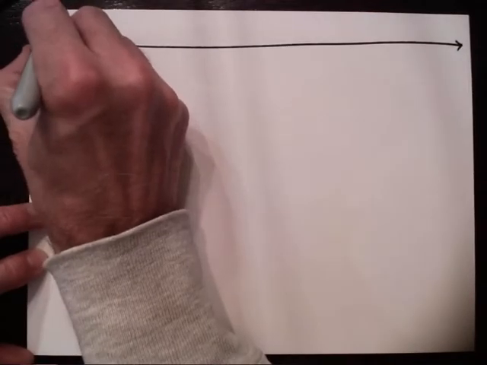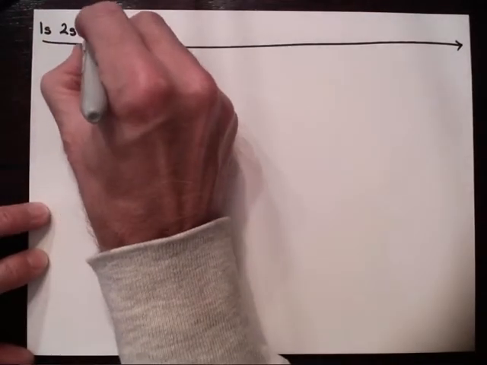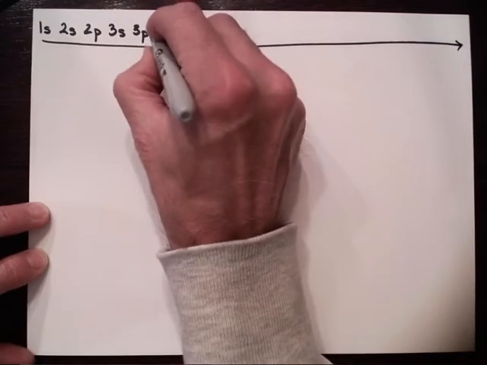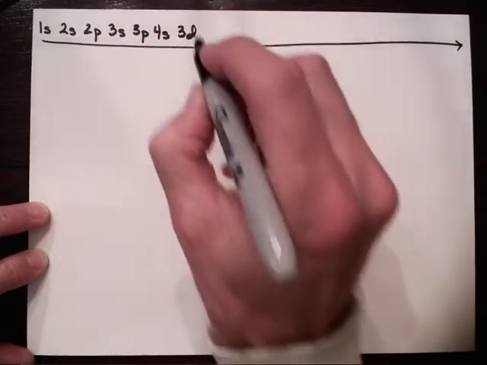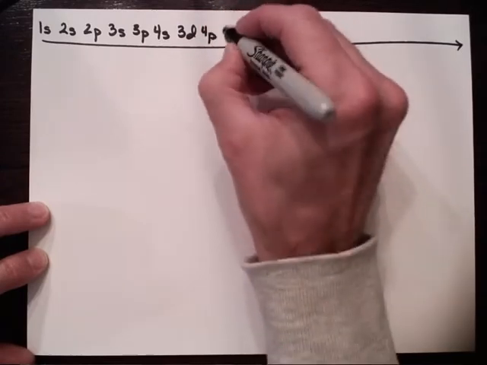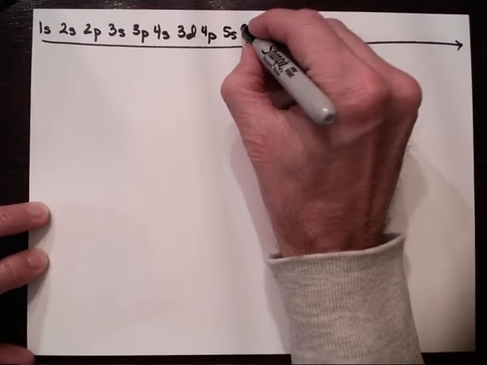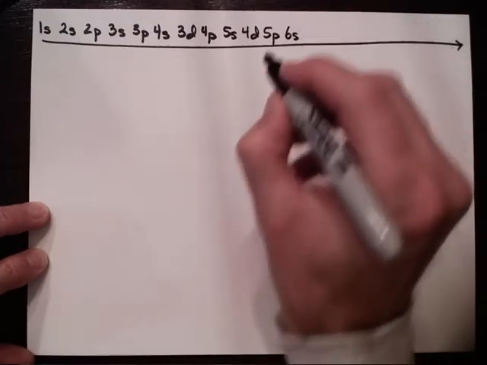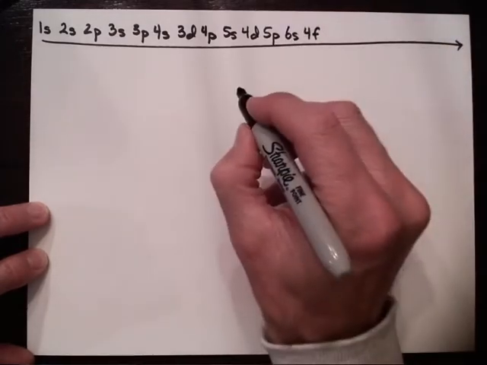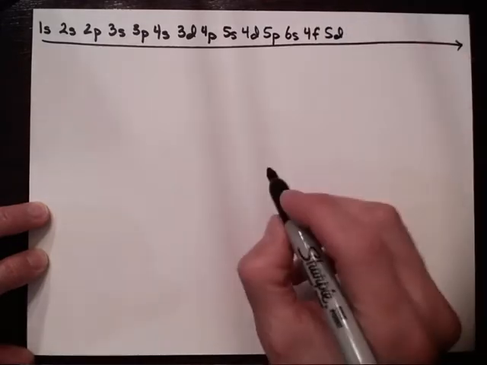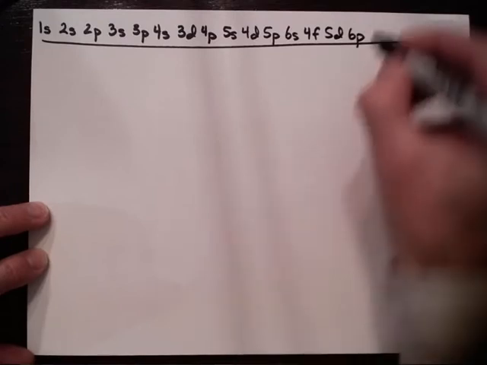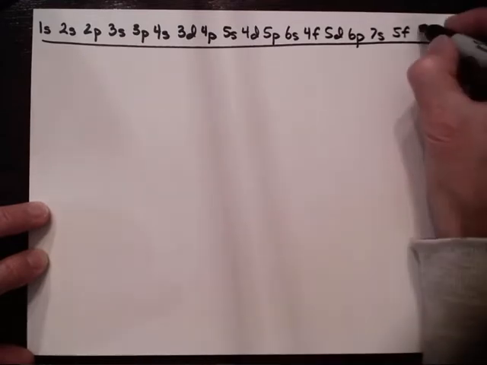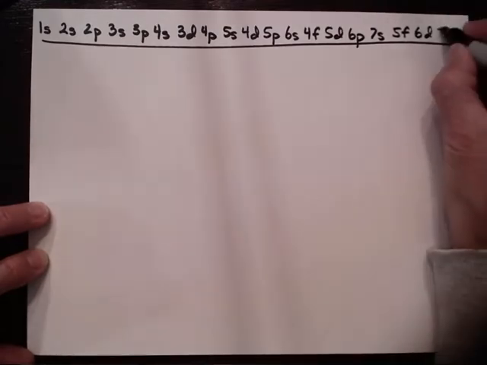And they start at the lowest at 1s, 2s, 2p, 3s, 3p, 4s comes before 3d, then you have 4p, 5s, 4d, 5p, 6s, 4f, 5d, 6p, 7s, 5f, 6d, 7p.